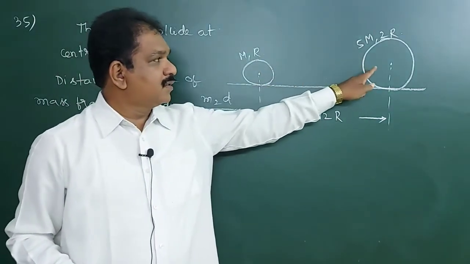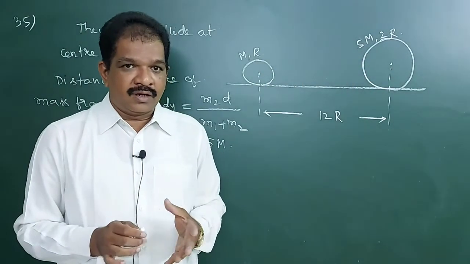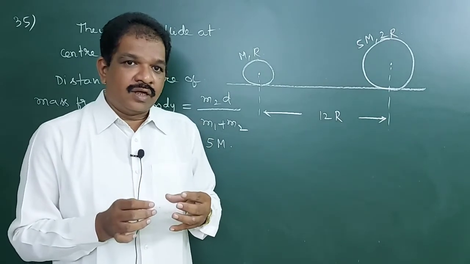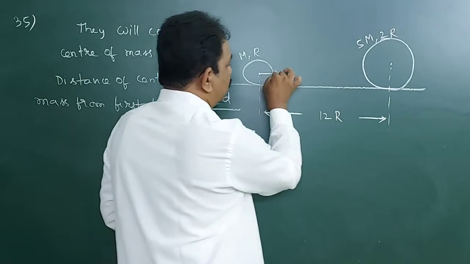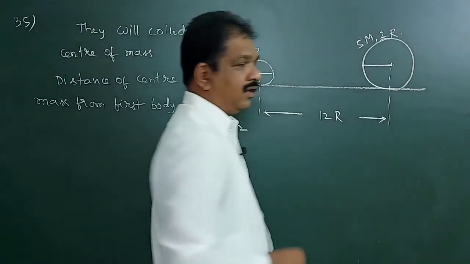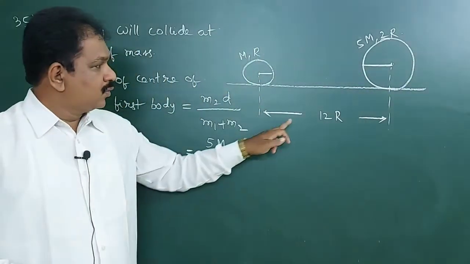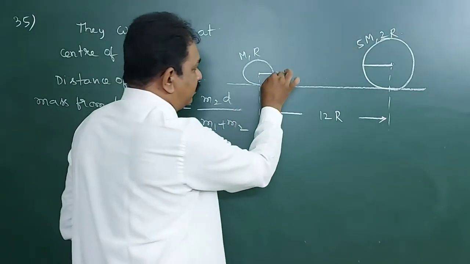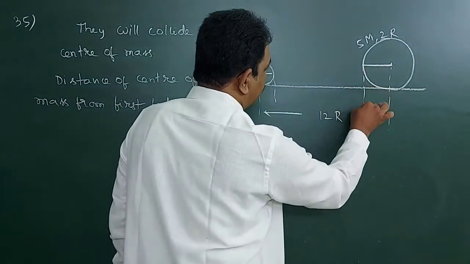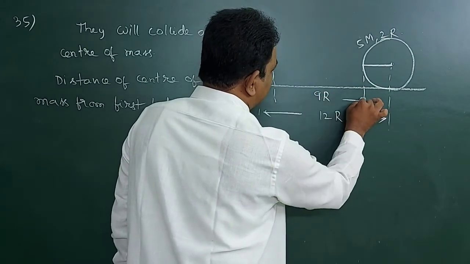Though the distance between them is 12r, when they collide, these radii they won't cover. So between these edges, how much distance will be there?